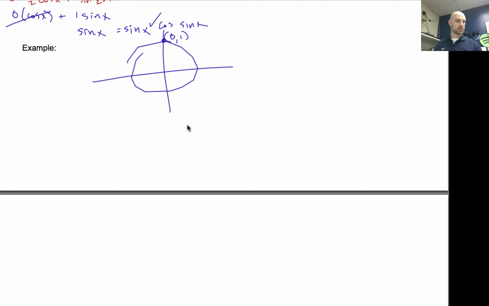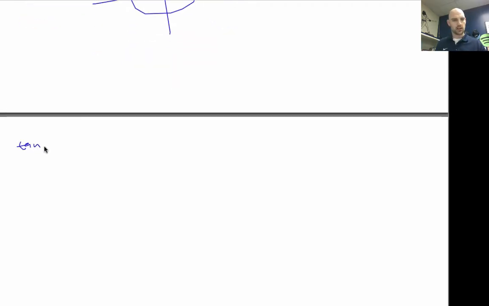The other one that we can use is the tangent formula. We haven't talked about that one yet. Tangent of u plus or minus v is equal to the tangent of u plus or minus the tangent of v over 1 minus or plus tangent u tangent v, okay?